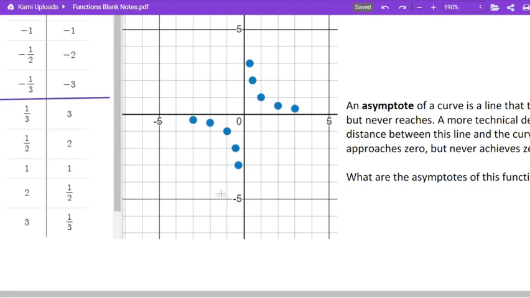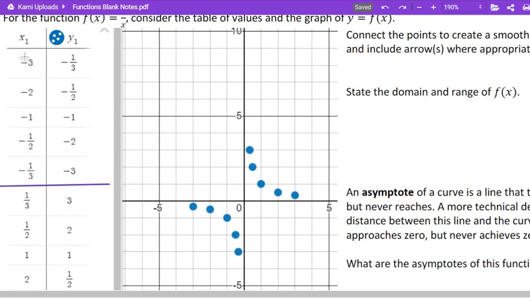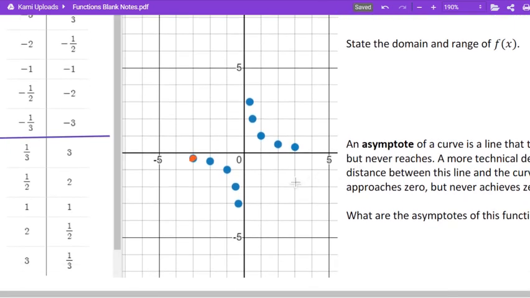Okay, let's see what happens when we put these dots on a graph. So when I have -3, the output, the y value, is -1/3. Find that dot. Oh, it's here. It's this one. When x is -2, y is -1/2.